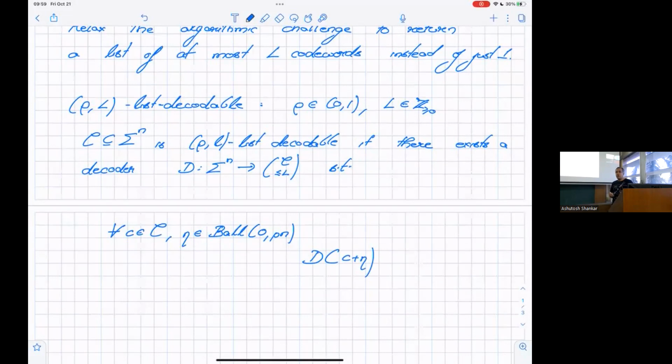What I want, the promise, is that the decoding algorithm should in fact output this original code word as one of the elements.